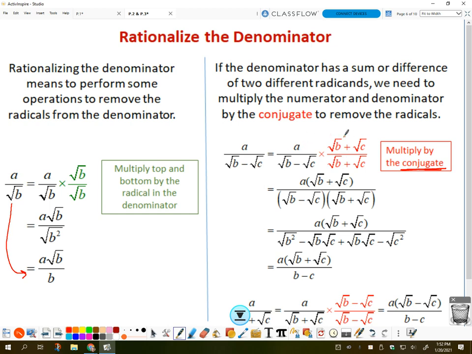So you do this times this, and you do this times this. All right, so what's happening here is when you multiply conjugates, you're always going to end up canceling out the middle terms. So you really only have to do the front times the front and the back times the back, which is going to get rid of your square root.